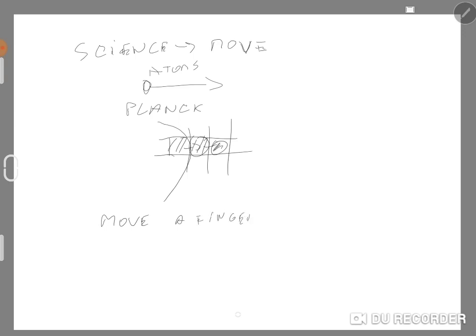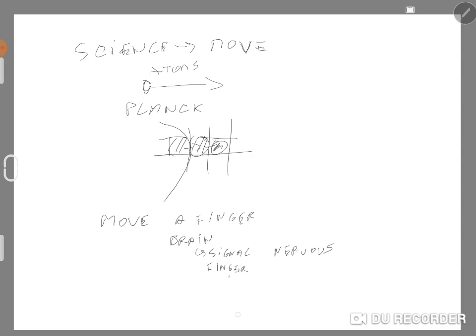So when you move a finger, for instance, what really happens? In our current understanding, what we think happens is first your brain sends a signal through your nervous system down to your finger, and then it moves.